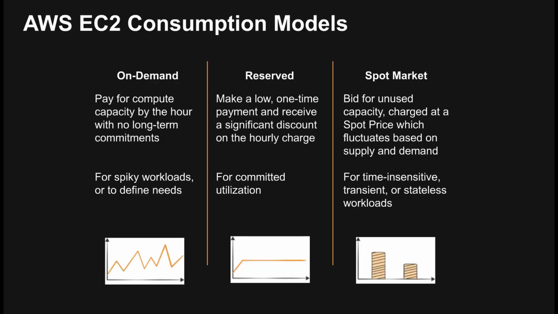All right, so let's cover briefly an overview of the 3 different consumption models when it comes to spinning up EC2 instances. The first, I think we're all familiar with, which is on demand. The ability to simply spin up instances and pay as you go, just like the utility model for your lights, where you pay for the electricity that you're using, and when you shut the lights off, you stop paying for it. The second would be reserved instances. This is the ability to purchase capacity in our data centers for a 1-year or a 3-year period of time. In exchange, we give you a discount for helping us estimate our future capacity.